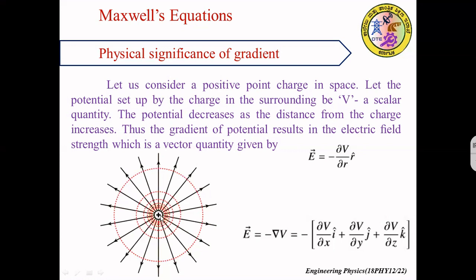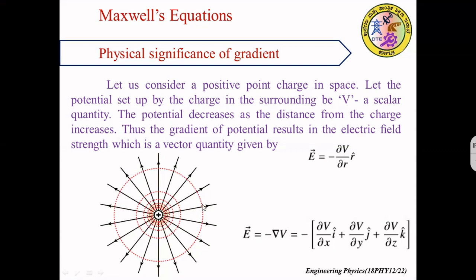And if you apply the del operator on the potential function, then we get the electric field. The electric field we get is nothing but the rate of change of potential.